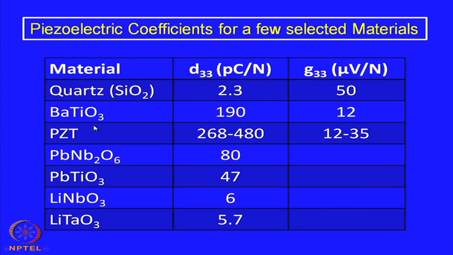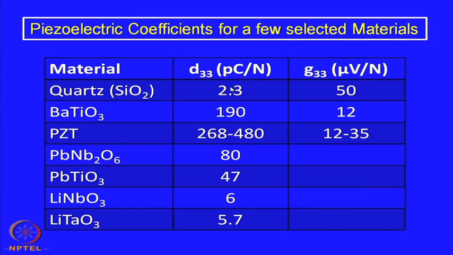If you take barium titanate, it is also a ferroelectric as well as a piezoelectric material, and its piezoelectric coefficient D33 is 190, whereas the voltage coefficient is only 12. Okay.